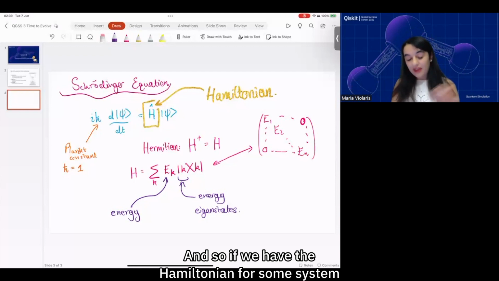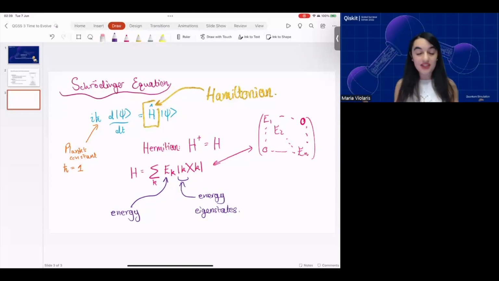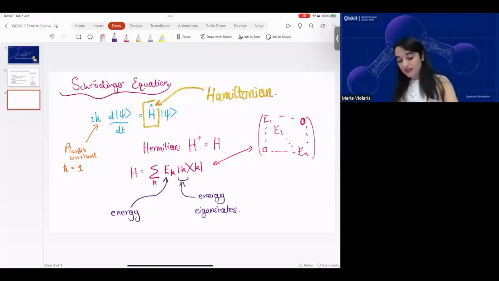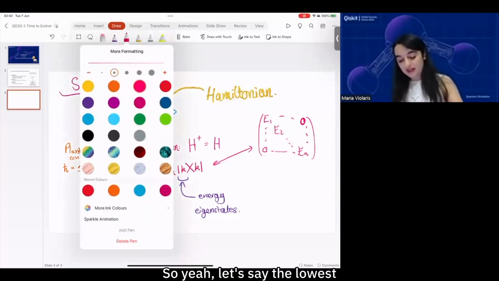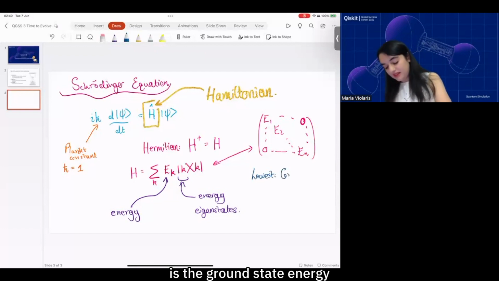And so if we have a Hamiltonian for some system which has a range of energies, then the lowest possible energy is what we call the ground state energy.